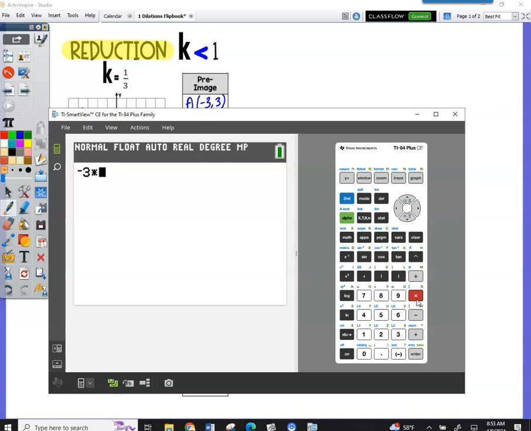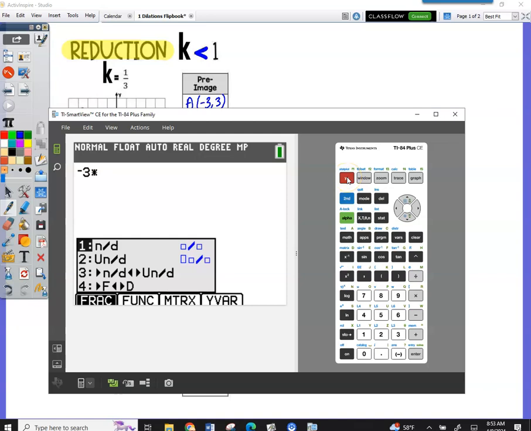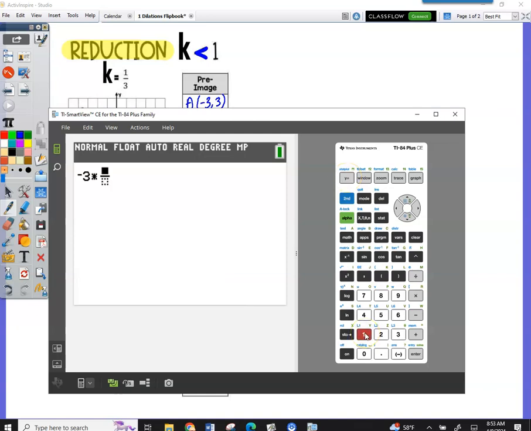I personally like the math print feature, which is alpha y equals, y'all remember that. 1/3, and we get -1. And now, do I need to type it again with the positive 3?